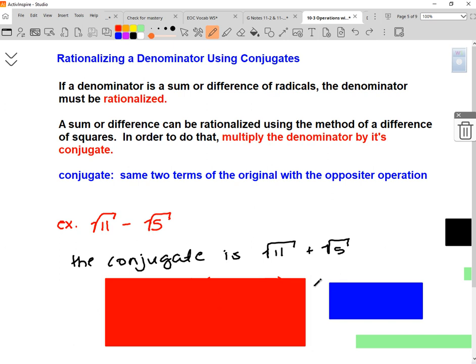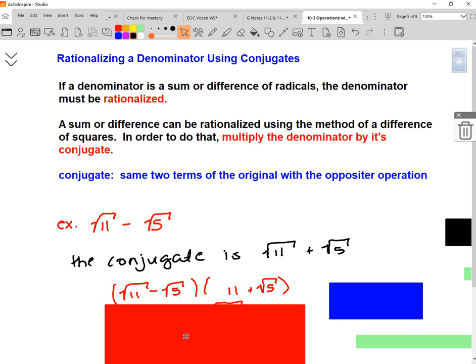Alright, so the reason why we do this is so we'll get rid of the square root. So anytime you multiply a radical expression by its conjugate, you're going to get rid of those square roots. Now, we just talked about this. We're not going to do it the long way this time. Now, this time we're going to use the shortcut. So, square root of 11 minus 5 times the square root of 11 plus 5.